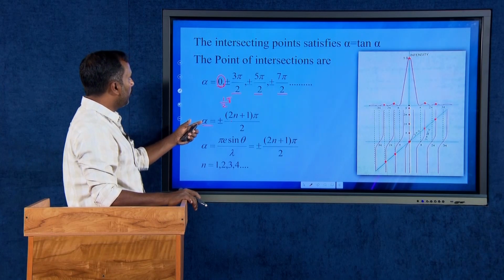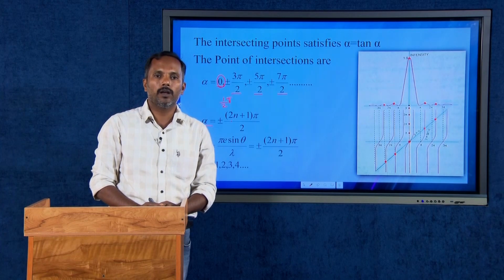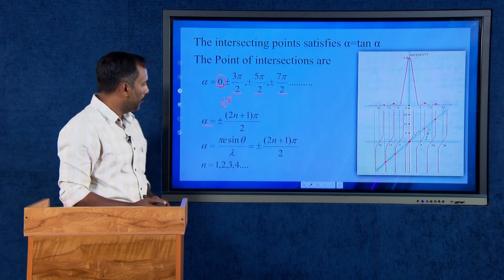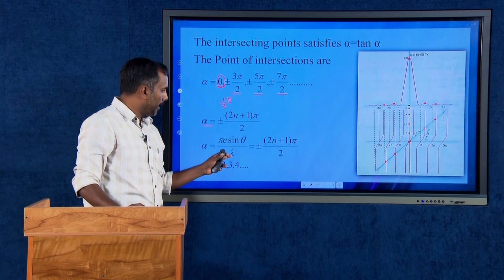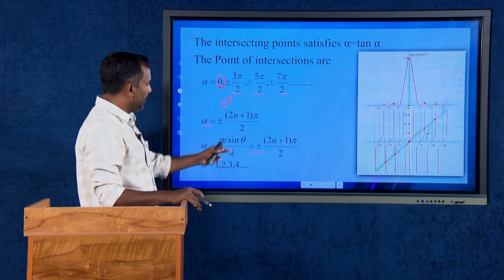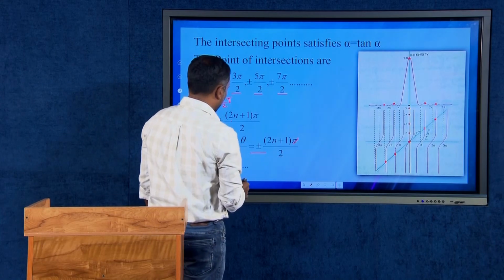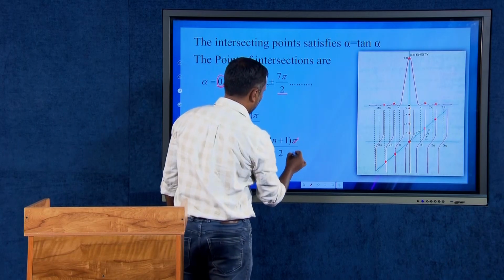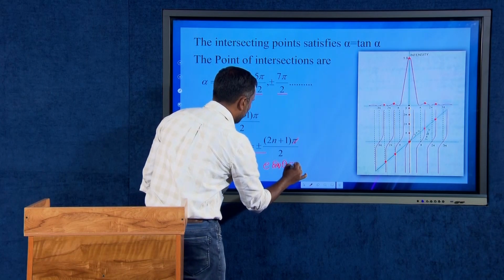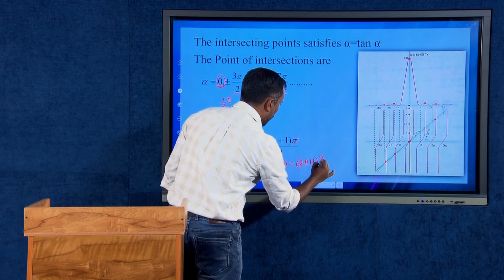So, we will be getting the position of the secondary maxima when alpha is equal to (2n plus 1) pi by 2, and I am substituting the value of alpha here. You know that the value of alpha is pi e sin theta divided by lambda, that will be equal to (2n plus 1) pi by 2, and the pi and pi will get cancelled out, and then the condition is e sin theta is equal to (2n plus 1) lambda by 2.